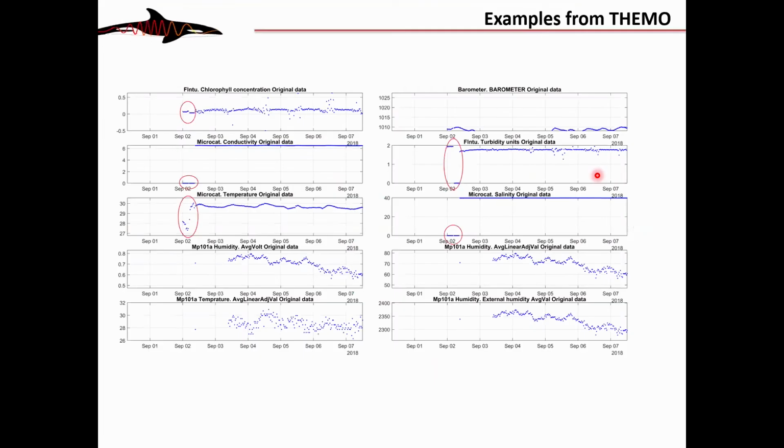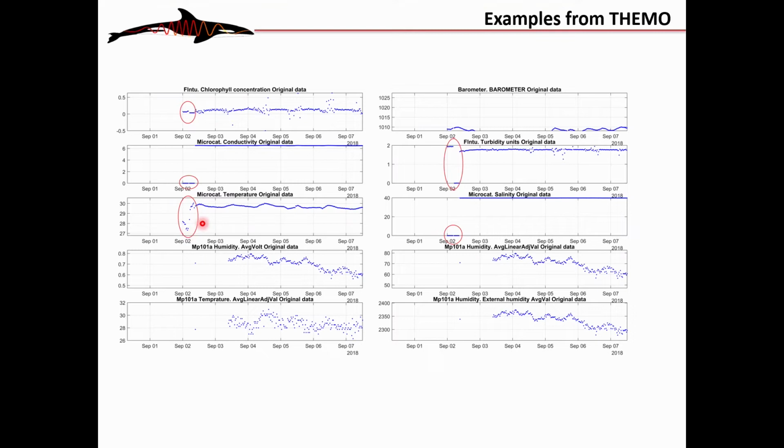Here is some more examples. We show chlorophyll measurements, and at the same time conductivity and temperature measurements, and they are all related. That glitch over here, we may think something is probably not right. We may mark it down, but by doing that, we may miss the important phenomena we are looking for.